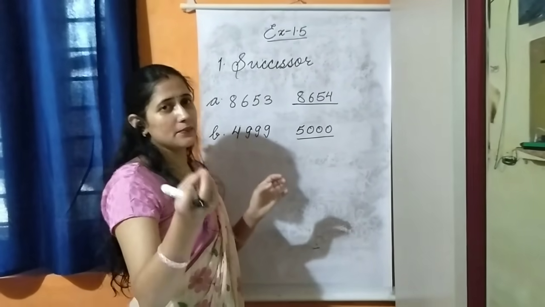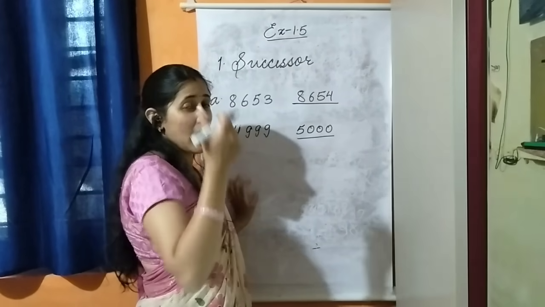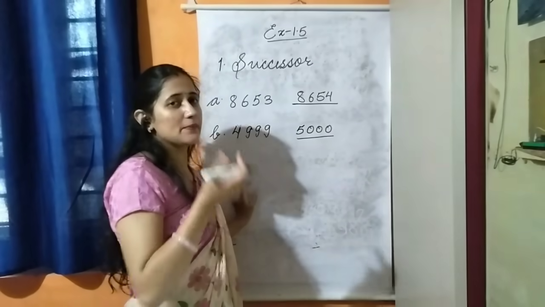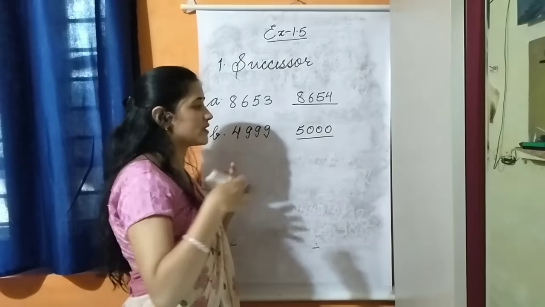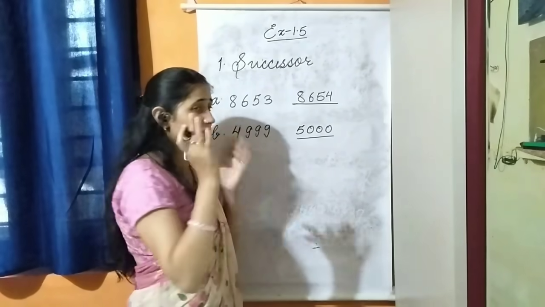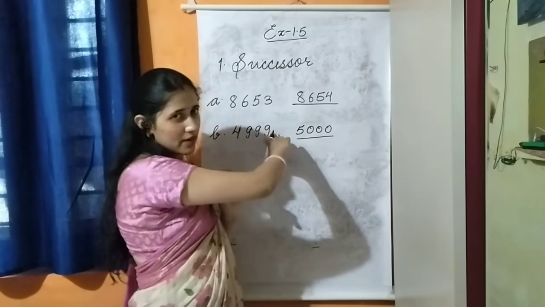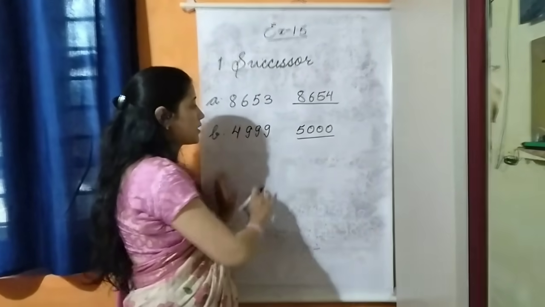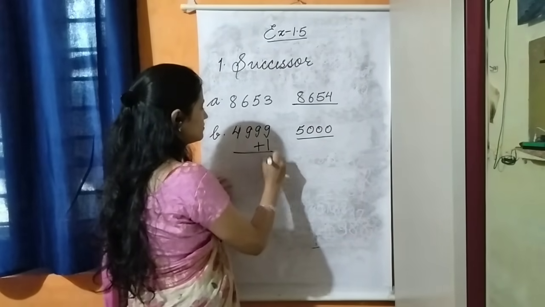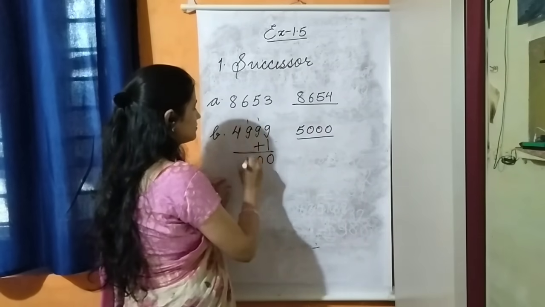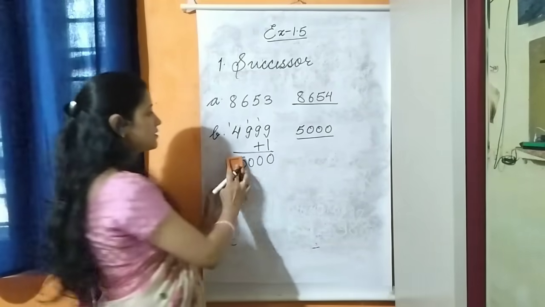It has one value at ones place, and always we add the values of the same place together. Ones with ones, tens with tens, hundreds with hundreds, and thousands with thousands. So when you add 1, which is a 1-digit number, you will add it with the number which is at ones place. So 9 plus 1 will be 10. Carry 1, 5000. Okay, so this is how we got our answer.